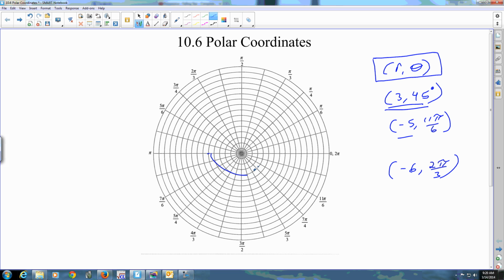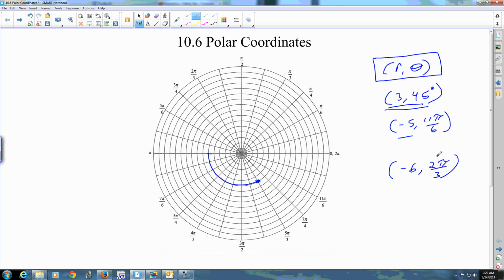I lost track of where I was rotating. Right there, there it is. So my arc was in the wrong spot. Let me trace that arc a little cleaner. So rotate out 6 units, 2 pi over 3 from this starting point, and this would be your final answer.